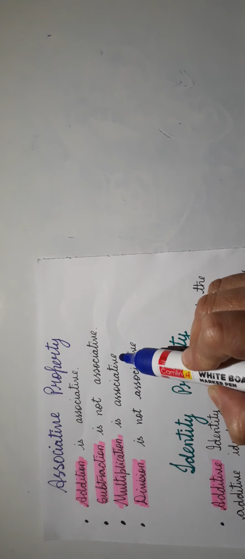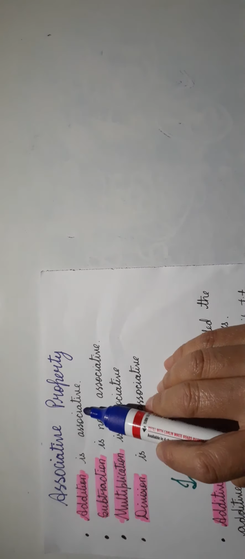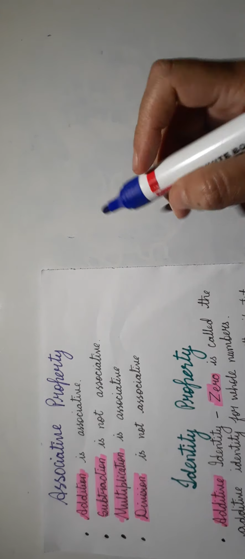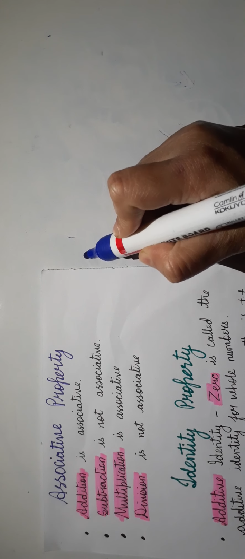Multiplication is associative. Division is not associative. Let us take a look at the first one. Addition is associative. What does this mean? Suppose I take 3 whole numbers. There are 3 whole numbers I'll take here.